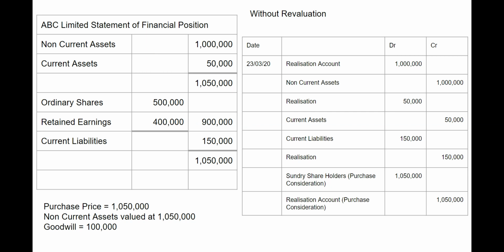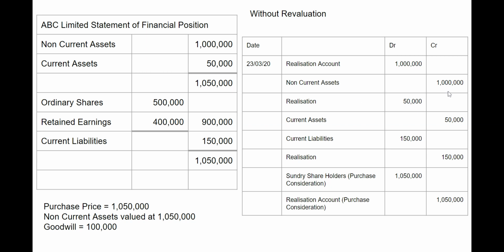So to close down the asset accounts, we need to put a credit entry equal to the existing debit balance, and then put debit balances into the realisation account. So for example, with the current assets, I've credited the current asset account for 50,000, so that we've no longer got the current asset, and it appears now in the realisation account.